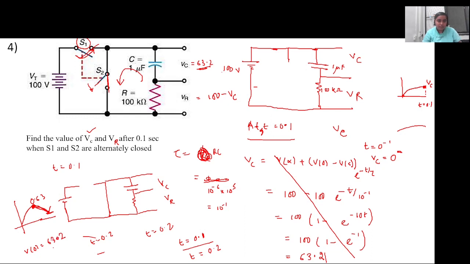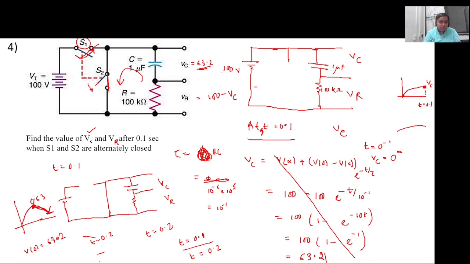Tau is equal to 0.1, and t is equal to 0.2. After that, you get e power minus 2 is equal to 0.81 something, and 0.81 into 63.2 is equal to 51.7.